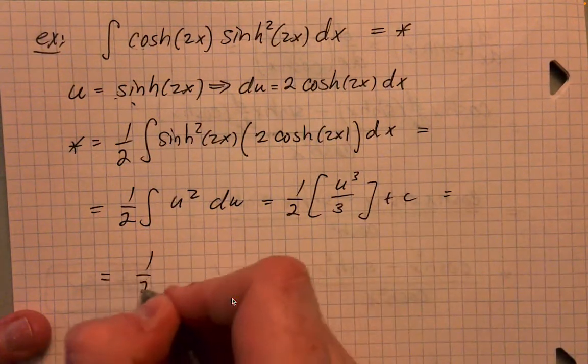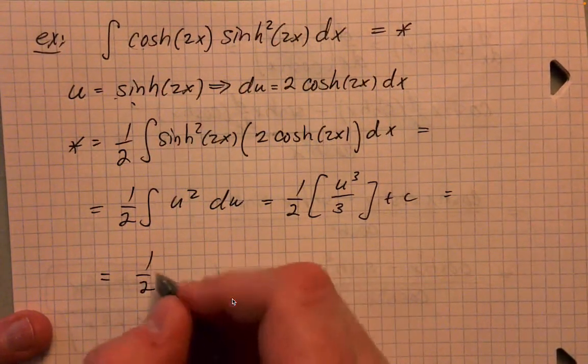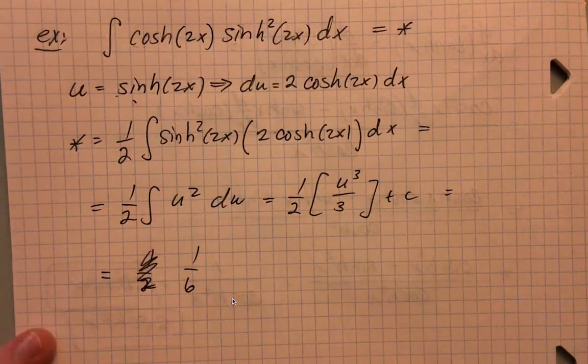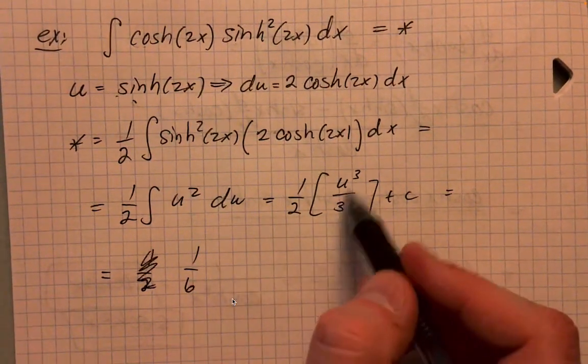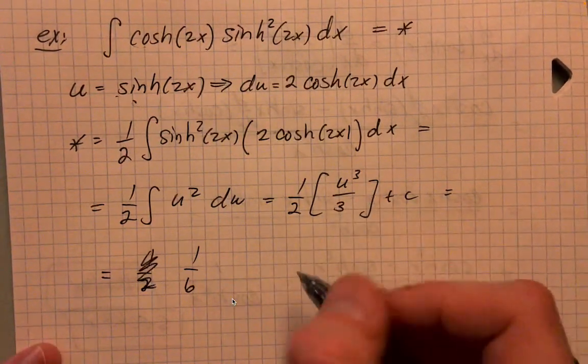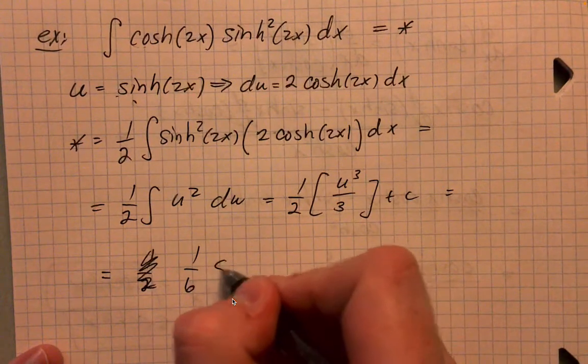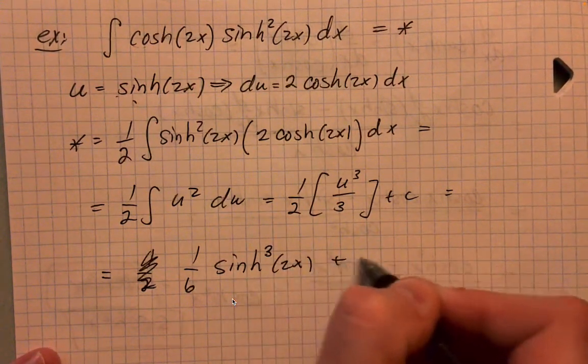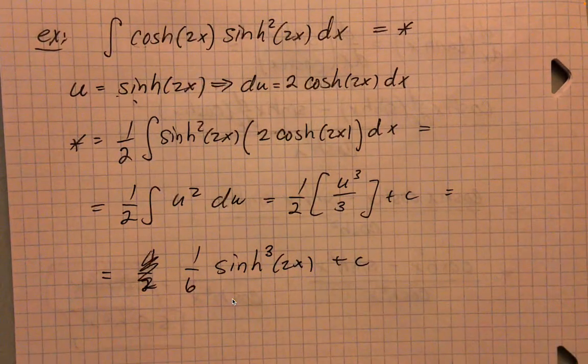Let's just write it as 1/6, right? 2 times 3. And then the u cubed would be hyperbolic sine of 2x cubed. So sinh cubed 2x plus c. There we go.